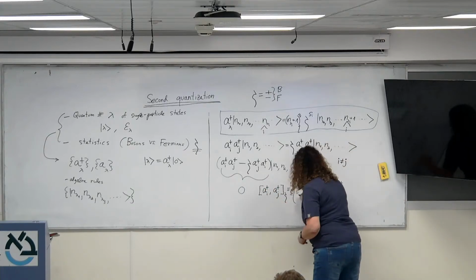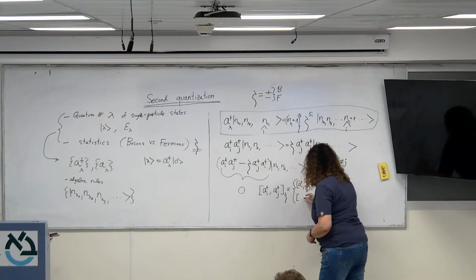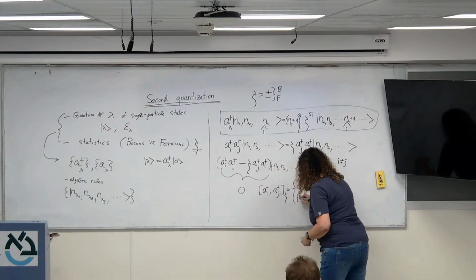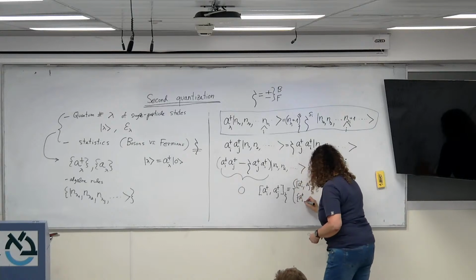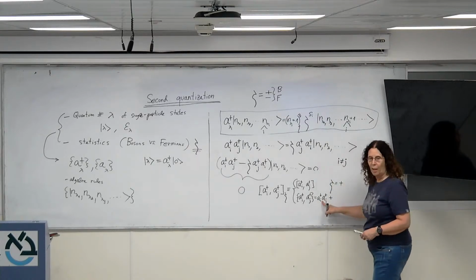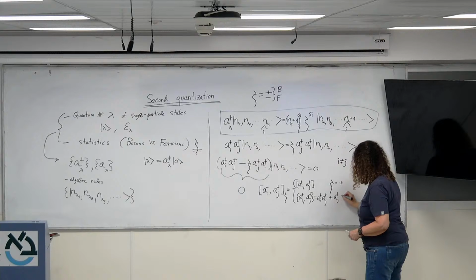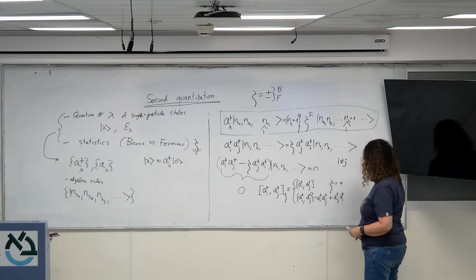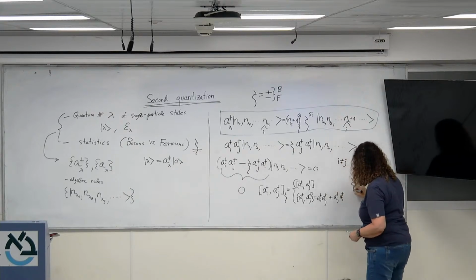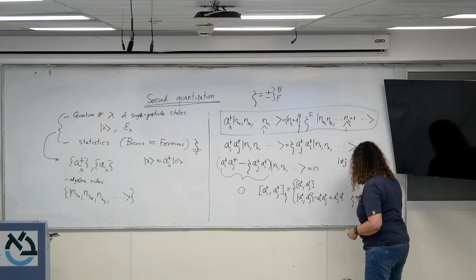For zeta equal minus, it's going to be something that in the literature we usually denote with curly brackets, and explicitly it is an anti-commutator, namely a_I dagger a_J dagger plus a_J dagger a_I dagger. This is for plus, and this is for minus.